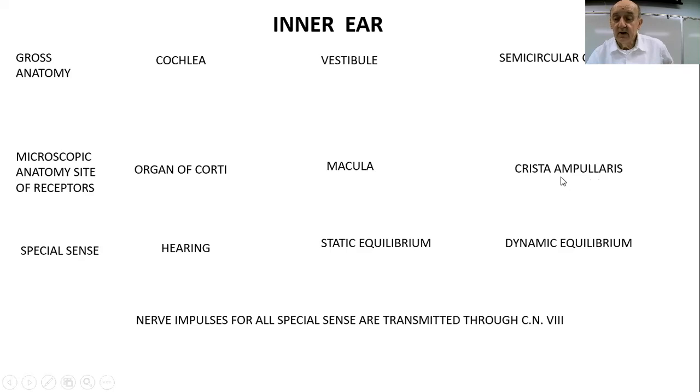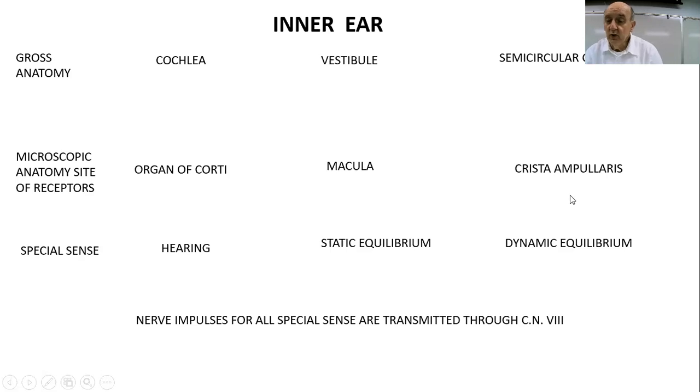So the crista is the location for the receptors. The crista receptors will be moved by flow of liquid inside the semicircular canals. And when that happens, we are receiving information about another special sense, dynamic equilibrium.